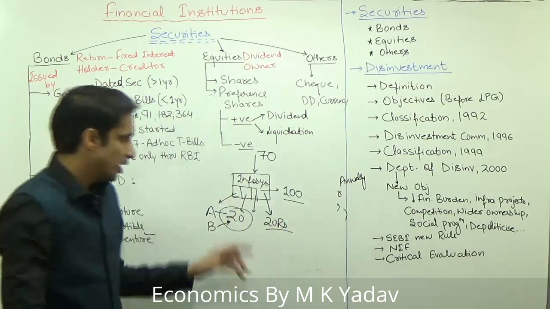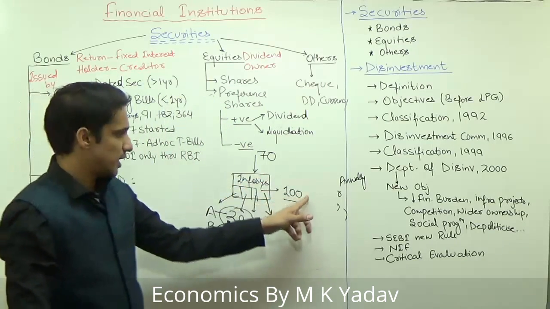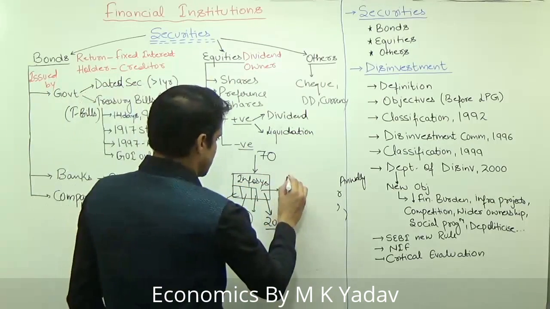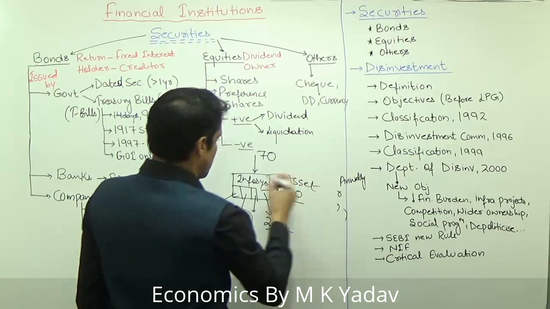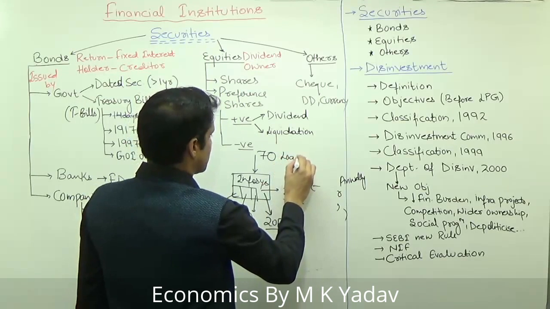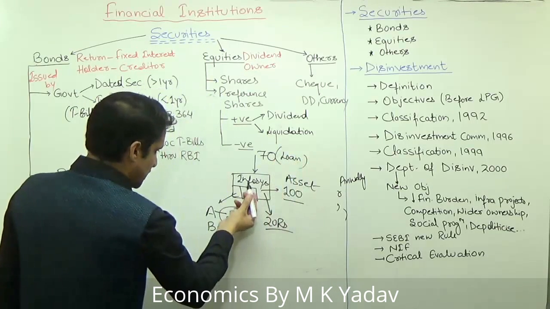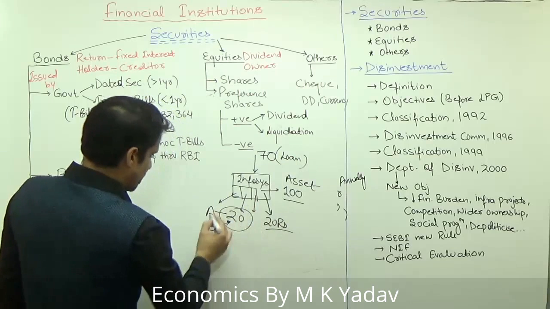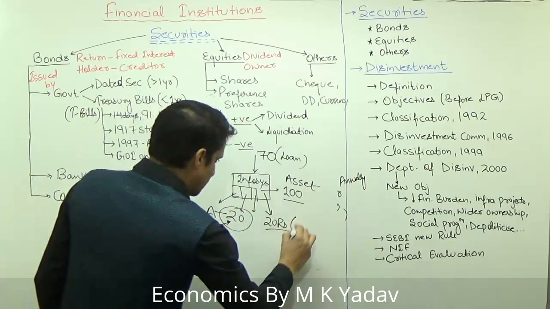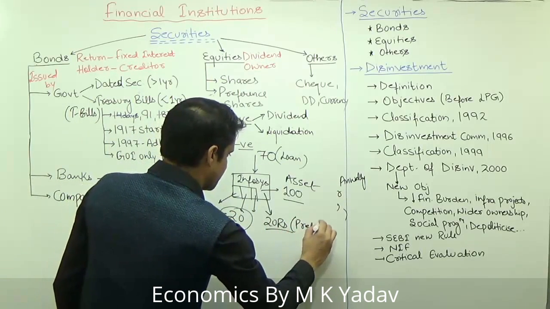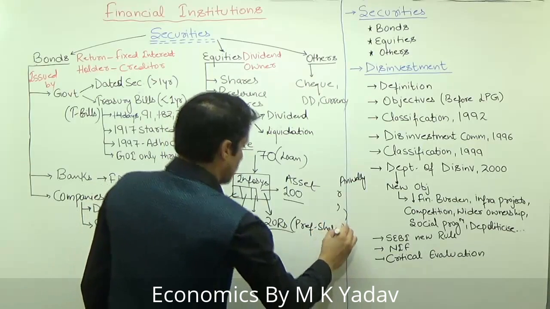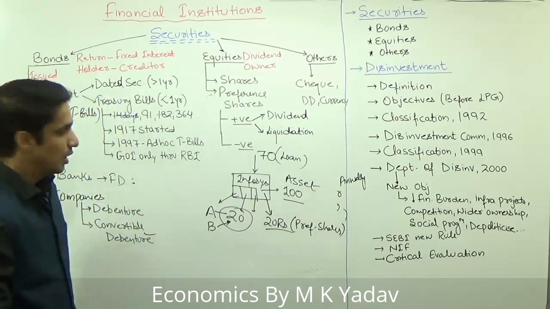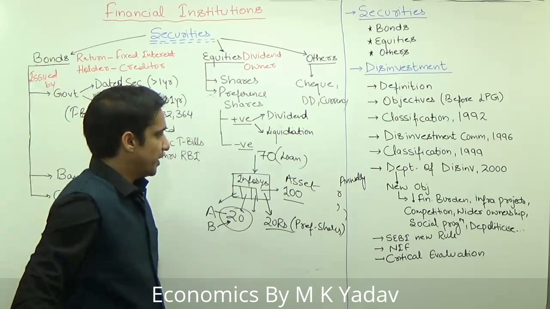So three scenario. This Infosys is having total assets of 100 rupees. This is asset. Infosys had taken a loan of 70 rupees. Infosys has issued normal shares of 20 rupees and preference shares also of 20 rupees. Now Infosys wants to file bankruptcy.